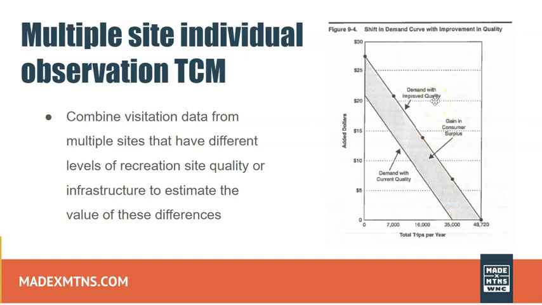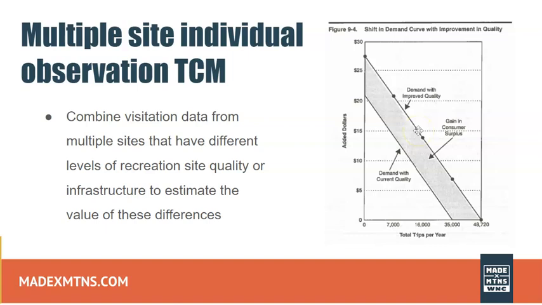And then the demand curve with improved quality, let's say we have more miles of mountain bike trail or more miles of hiking trail, or the hiking trails have better scenery, then for every travel cost, say $15, people will want to take more trips to the recreation site that has higher quality.